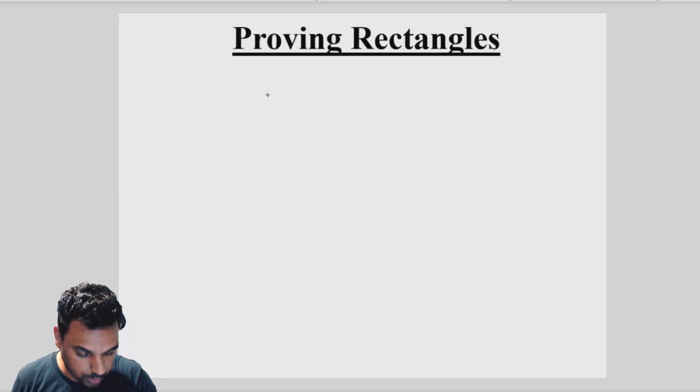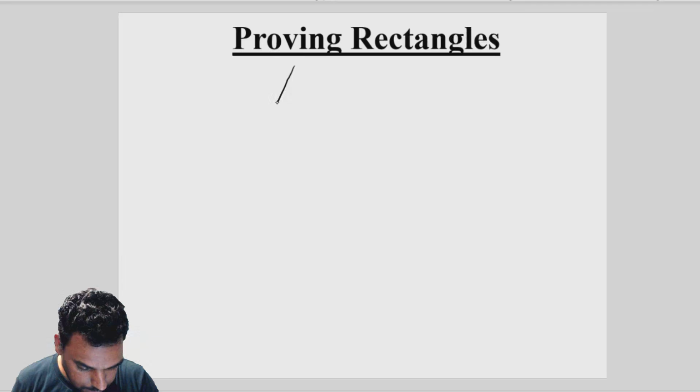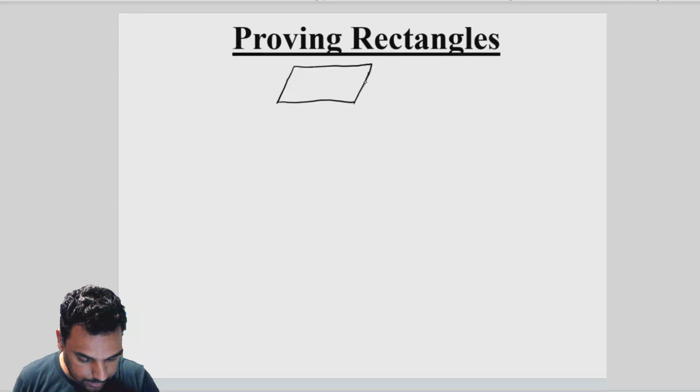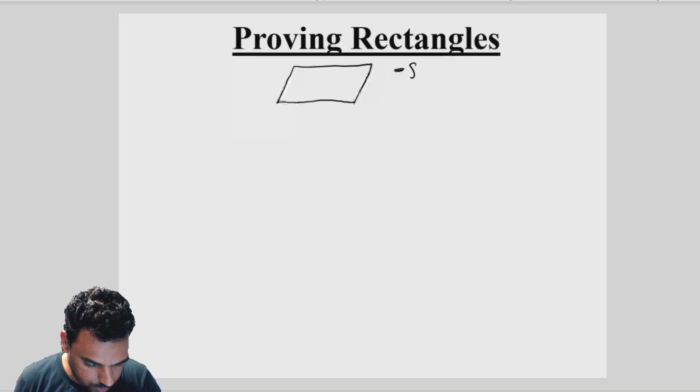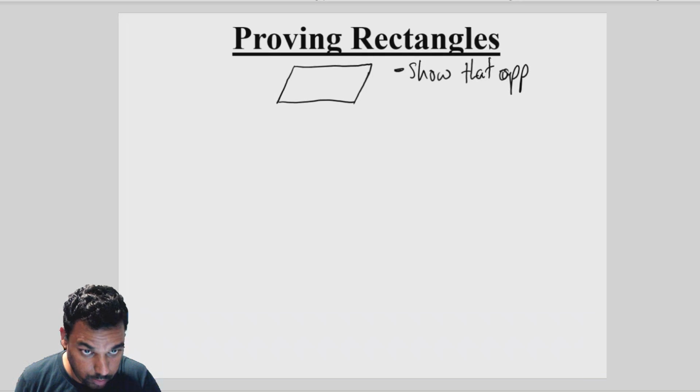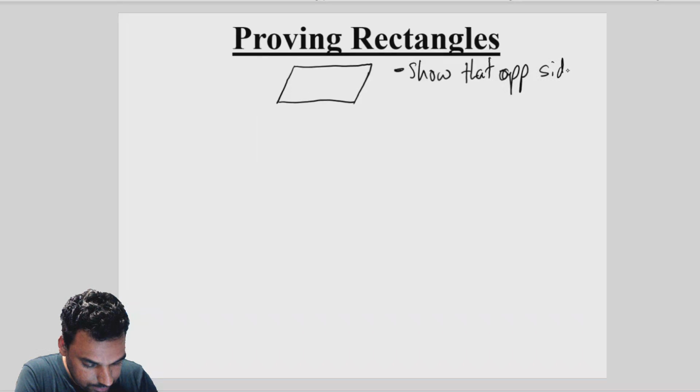All right, let's start. So I'm going to draw you that parallelogram tree. And as I said, you need to know how to prove something is a parallelogram. And the easiest way to do that, just as a quick recap, now there's more than one way, but the method that I'm going to use is to show that opposite sides are parallel, right?